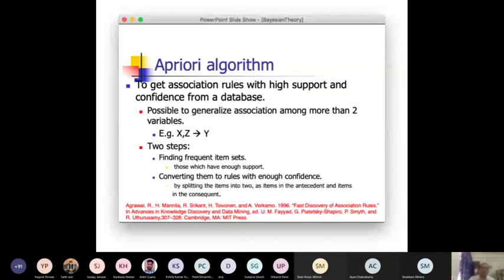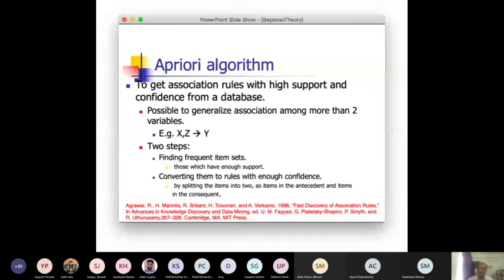So you have to convert them into rules, which means you split them into two, so that one part is expressed as an antecedent and the other as consequent, and you check whether it has enough confidence. So in the first step, you are trying to get a combination where we are likely to get some associations within these attribute sets.